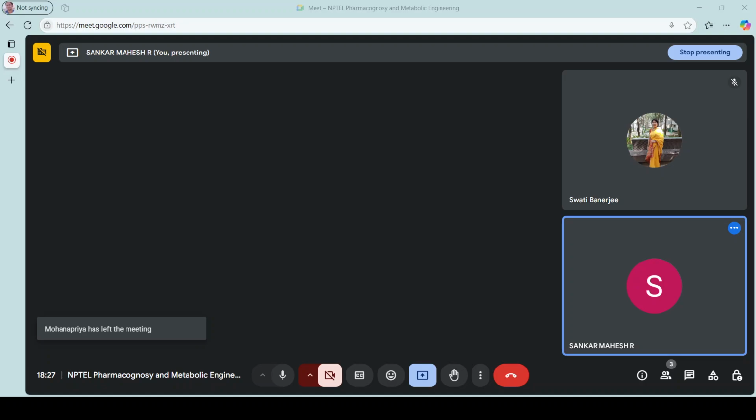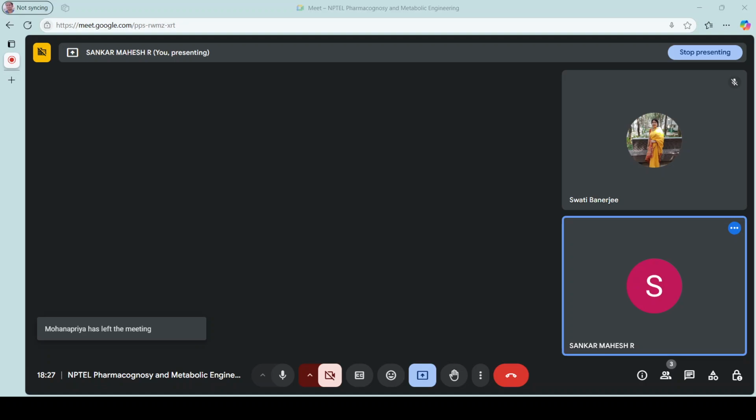I think it's option A, erythrose 4-phosphate and phosphoenol pyruvate will form the shikimate. Yeah, that's right. I'd asked about two questions. What is the class of compounds that is being produced by the shikimate pathway?